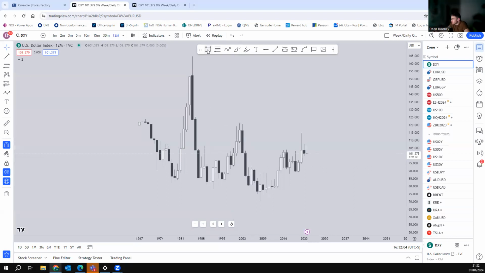If I just draw on here, I'll put this on in yellow. From that high there to that low was an imbalance. Now, in actual fact, what's just happened this year is that it has become a balanced price range.